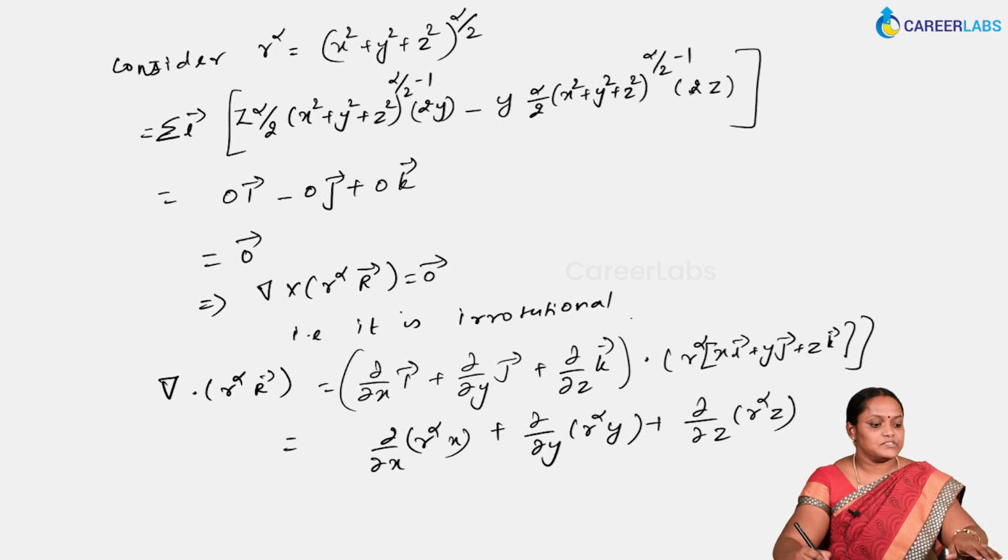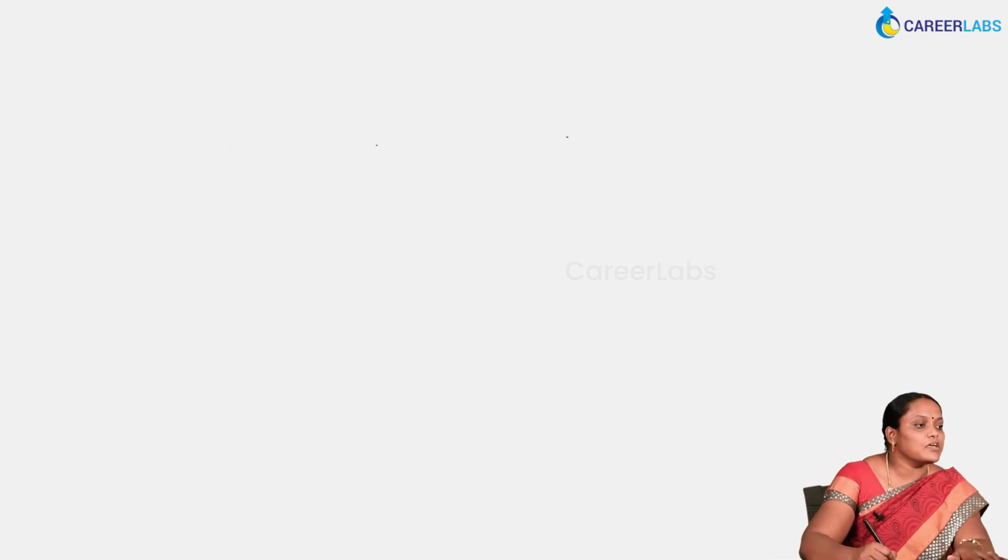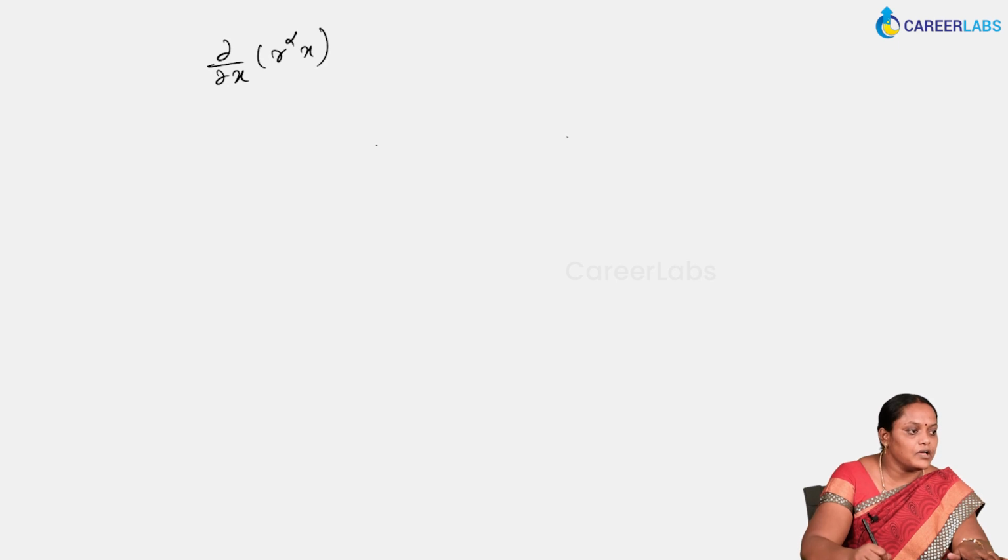Let us consider the first term, and then similarly we can do it for all the other terms. So this is dou by dou x of r to the power alpha into x.